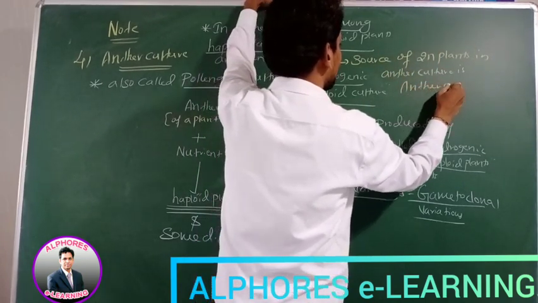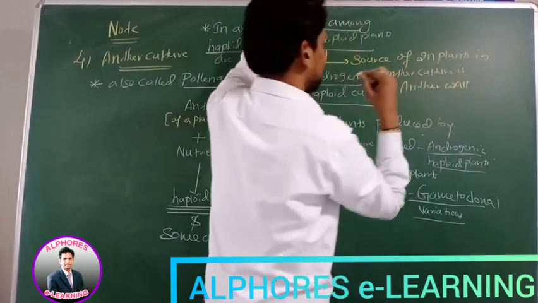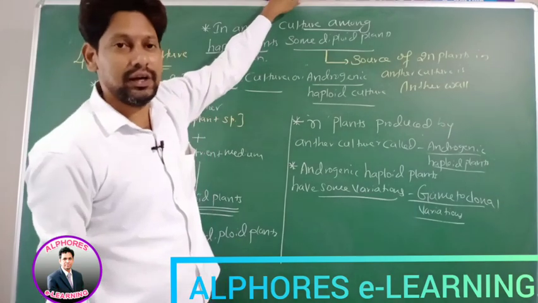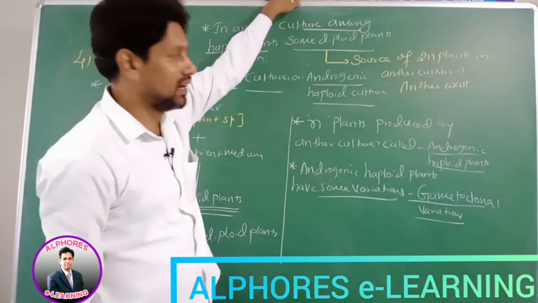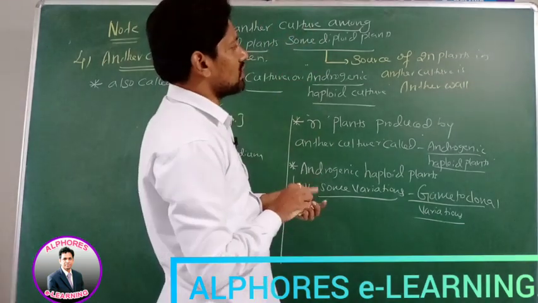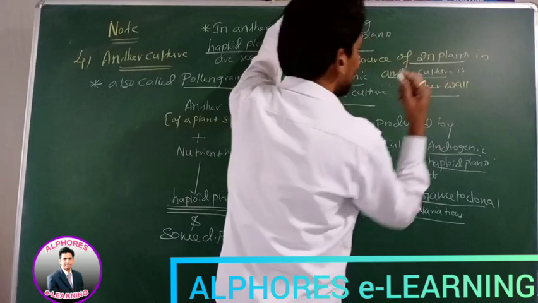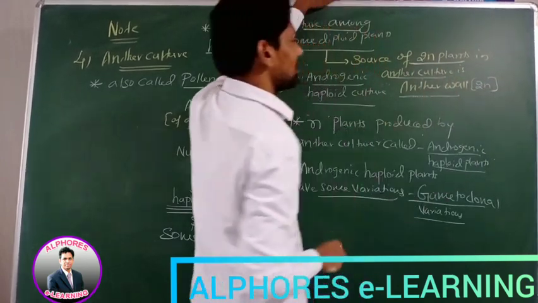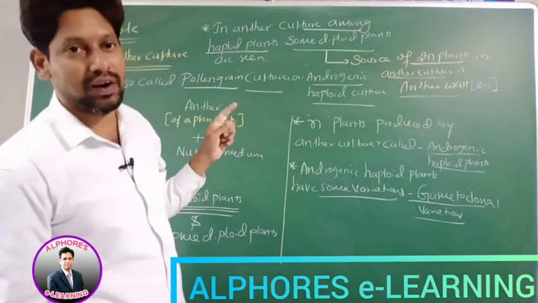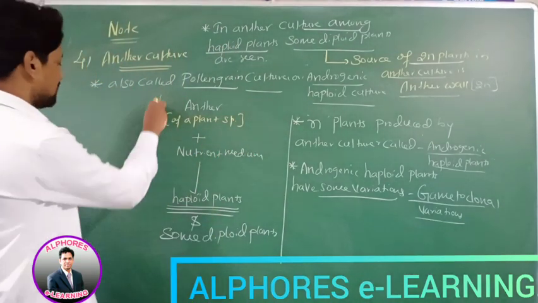In first year, we read the anther wall, the layers of anther wall: epidermis, endothecium, middle layers, tapetum. Therefore, what is the source of diploid plants in anther culture? Anther wall. Generally the layers of anther wall, are they haploid or diploid? They are diploid. Is this statement okay? Right? Now, listen to this statement.